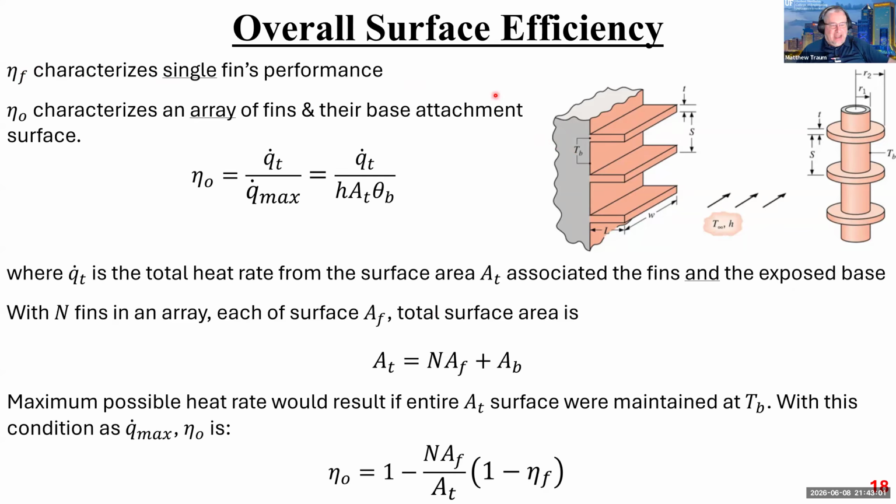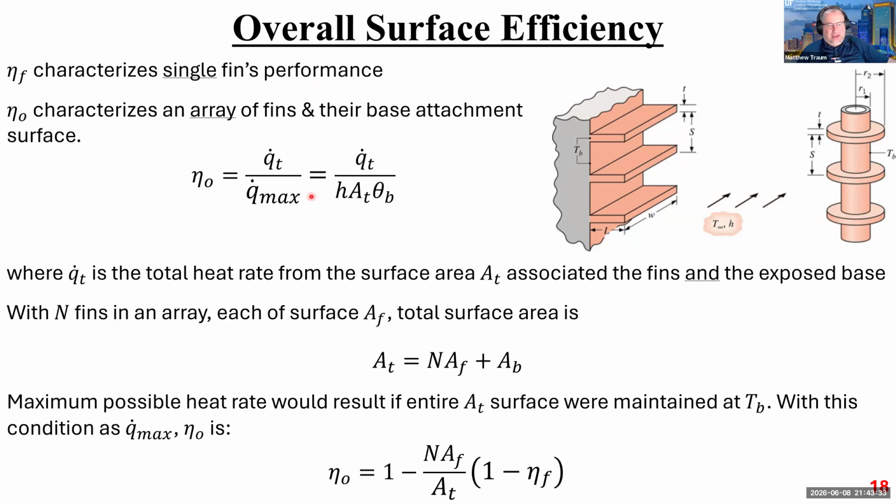I want to extend that analysis to an array of fins because, wouldn't it be convenient to just be able to create an array of fins that are all identical and say, look, this array of fins has some efficiency associated with it, and maybe even also a resistance, like the way that I did with a single fin before. So we're going to come up with a ratio, which is overall surface efficiency that characterizes an array of fins and their base attachment surface as opposed to just a single fin.